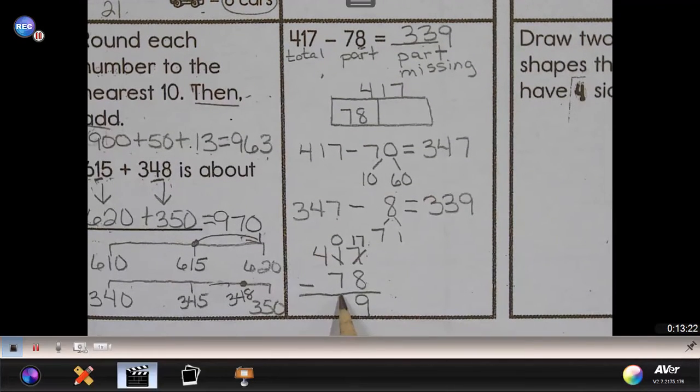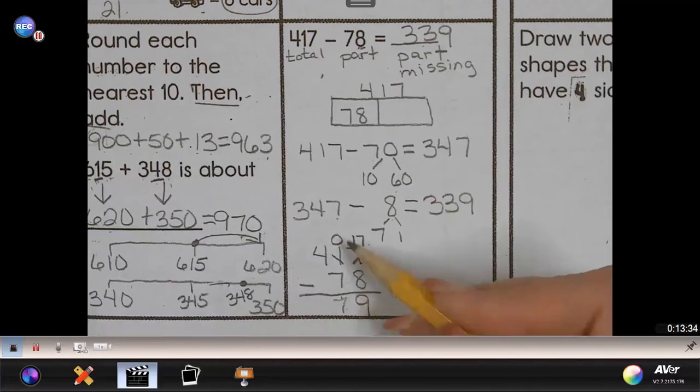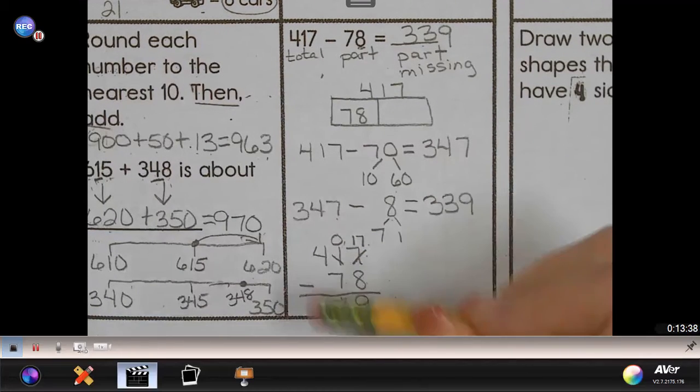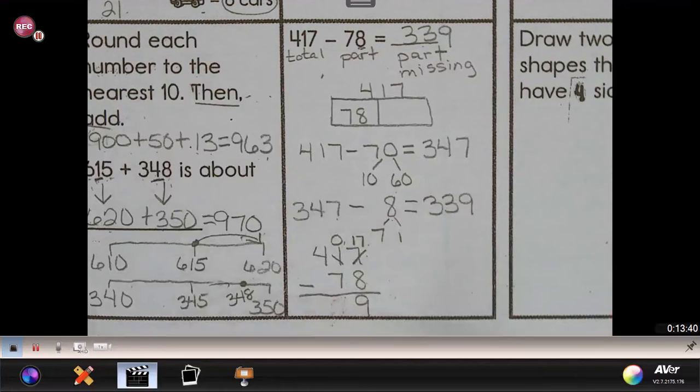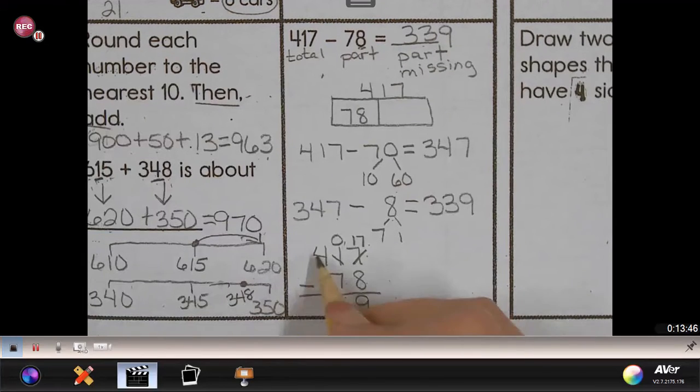Now I can go to my tens place, but I still can't subtract. And how do I know that I can't subtract? Because 0 minus 7 is not going to be 7. And how do I know? Because 7 plus 7 is not 0. 7 plus 7 is 14. So this tells me that if I were going to use my understanding of checking my answer by adding, I am not able to do that.